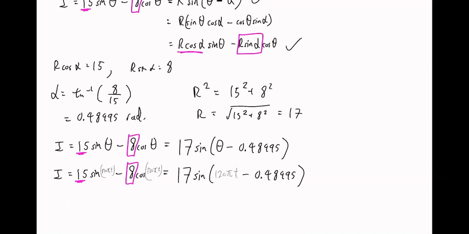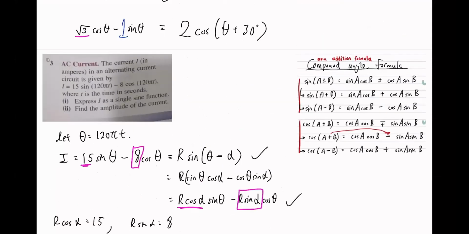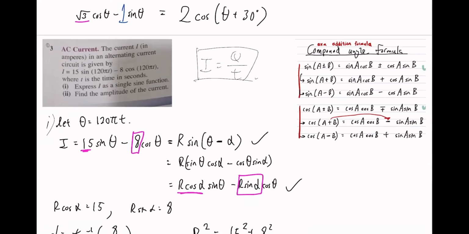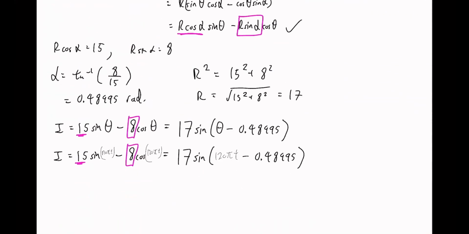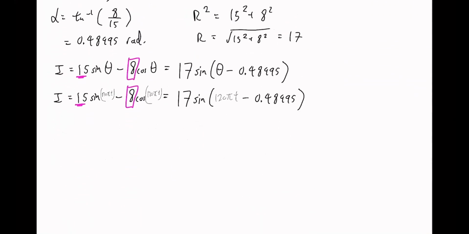Okay, good. Then let's read the question. Part 2. That was part 1. Find the amplitude of the current. Amplitude in this case, they already told you is I. I is the current.